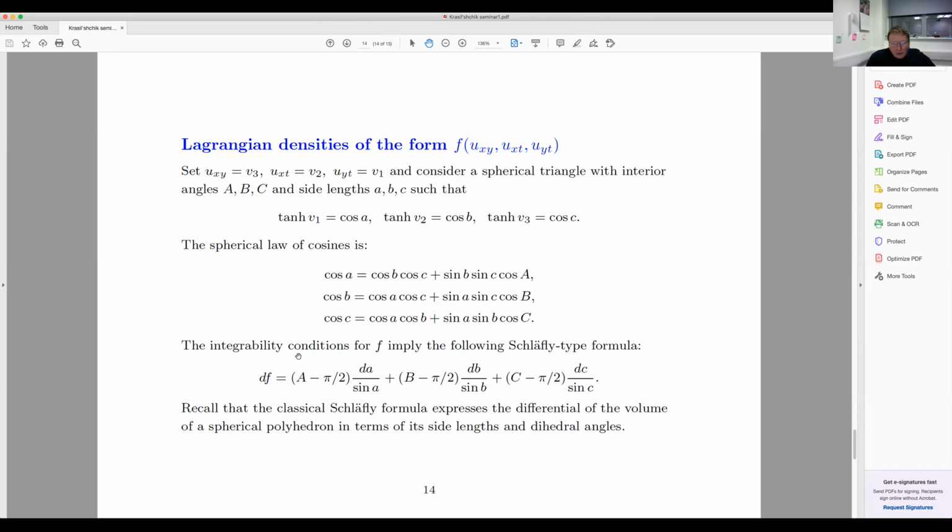By the way, it's not so obvious that the right-hand side is a total derivative. But these kinds of formulas are known in geometry, especially in hyperbolic geometry. It turns out that this function f somehow has the meaning of the volume of a certain hyperbolic tetrahedron. But let me first show you the final answer for the function f.